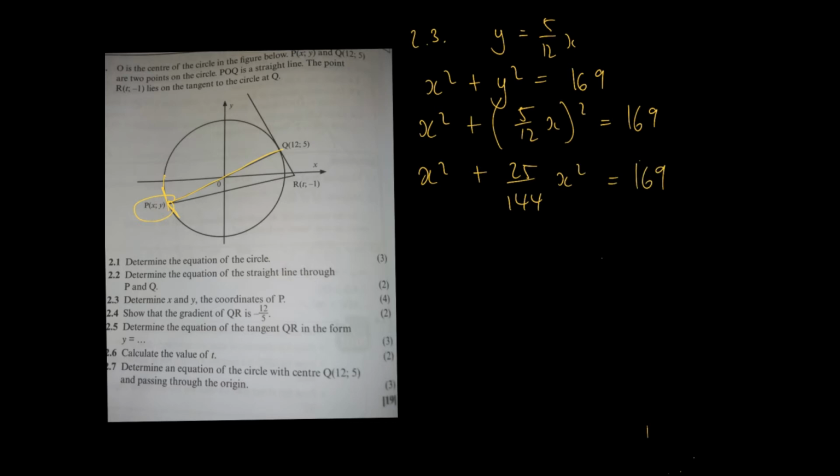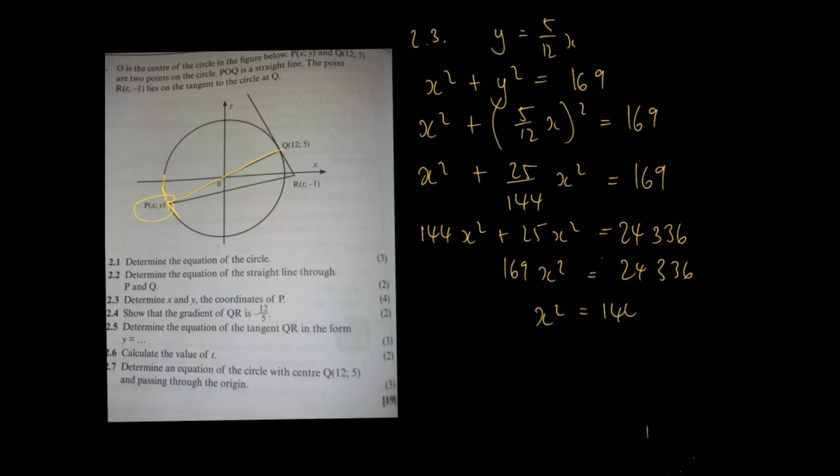If we then multiplied each term in the equation by 144, that would leave us with 144x squared plus 25x squared equals 169 multiplied by 144, which would leave us with 24,336. Thus, 169x squared would be equal to 24,336. We would divide both sides by 169, and that means that x squared would be equal to 144.